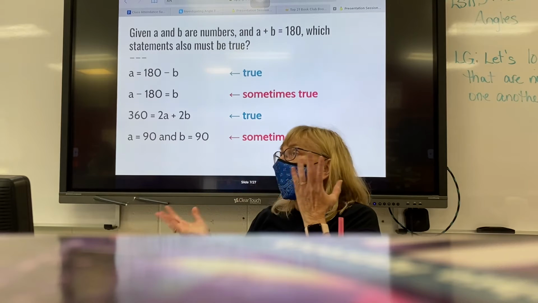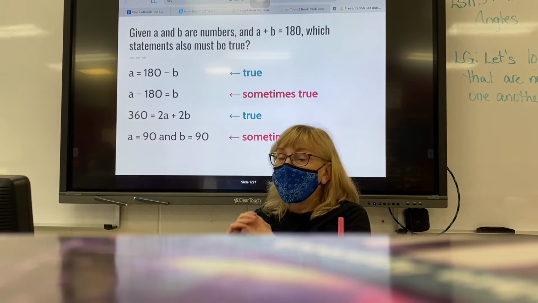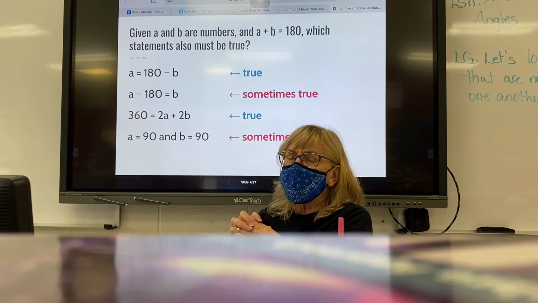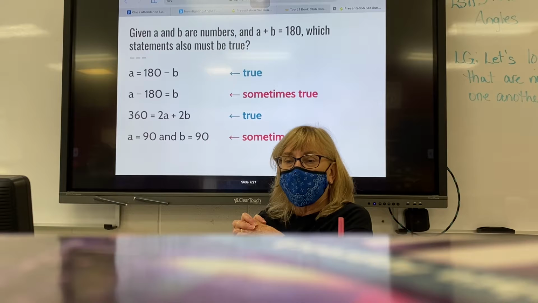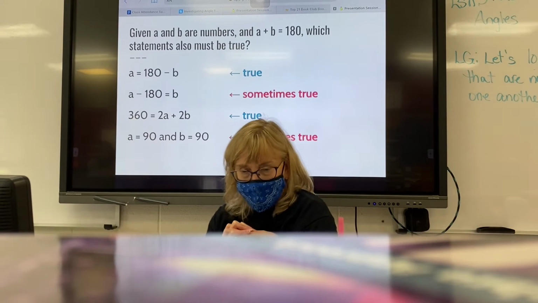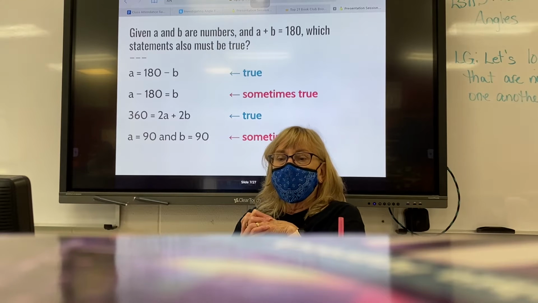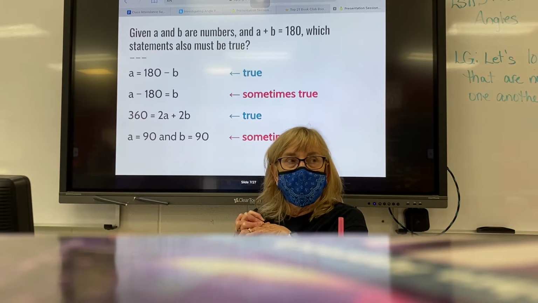Yes. Okay, that's kind of like that math facts thing you learned back in elementary school. All right. Why is the second one sometimes true? Because A is being subtracted by 180 instead of subtracting from 180. But can A plus B still equal 180? Depends.